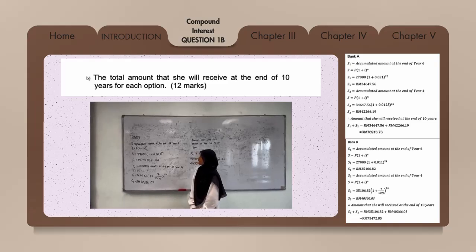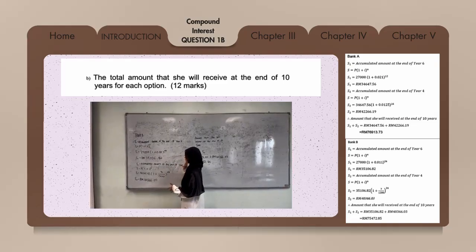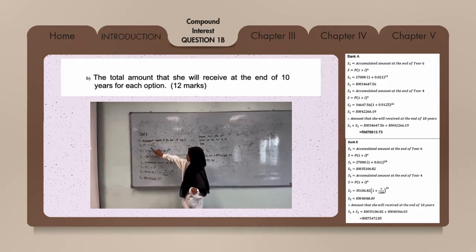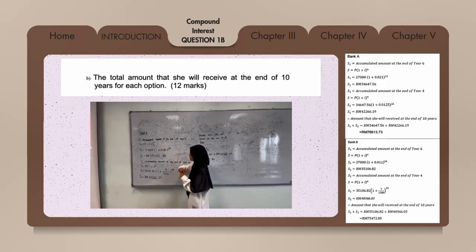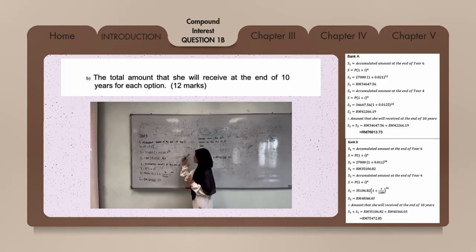After we calculate for Bank A, we will calculate for Bank B. We use the same formula, which is S equals P multiplied by (1 plus i) to the power n. S1 is the accumulated amount at the end of year 6.